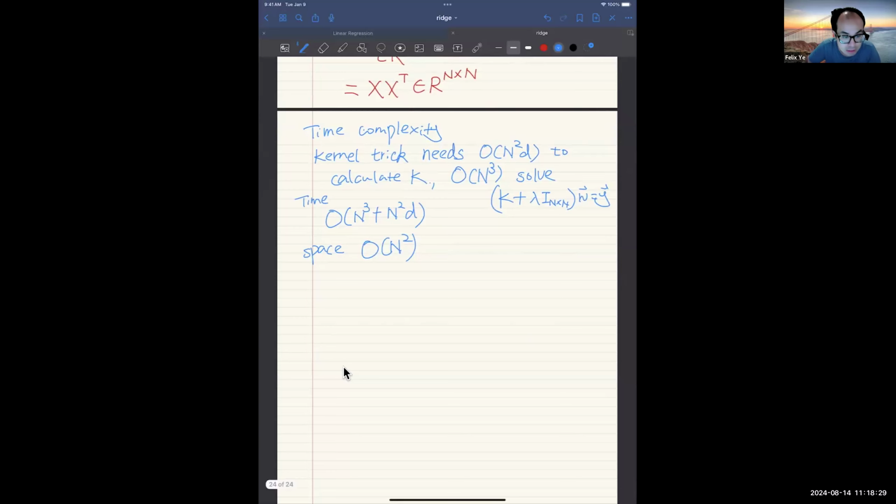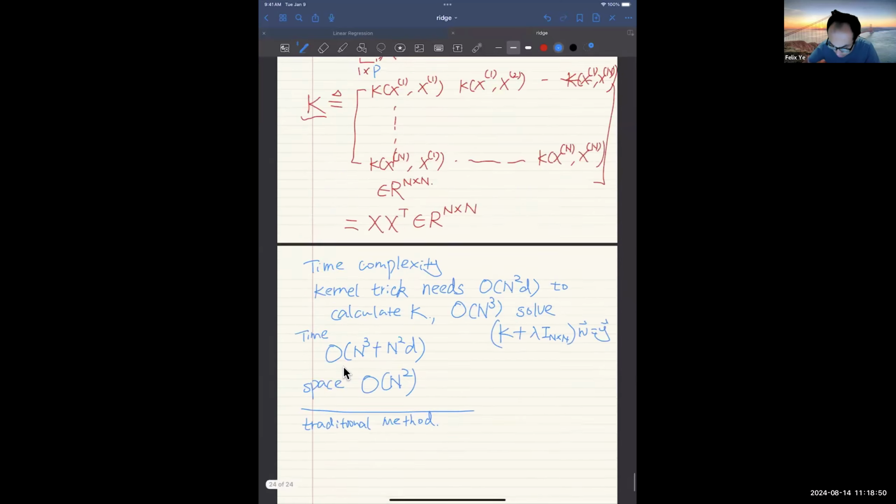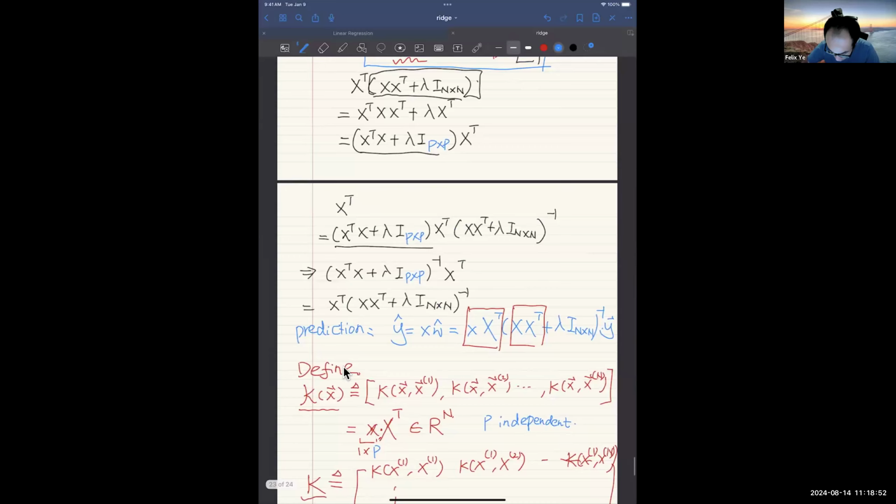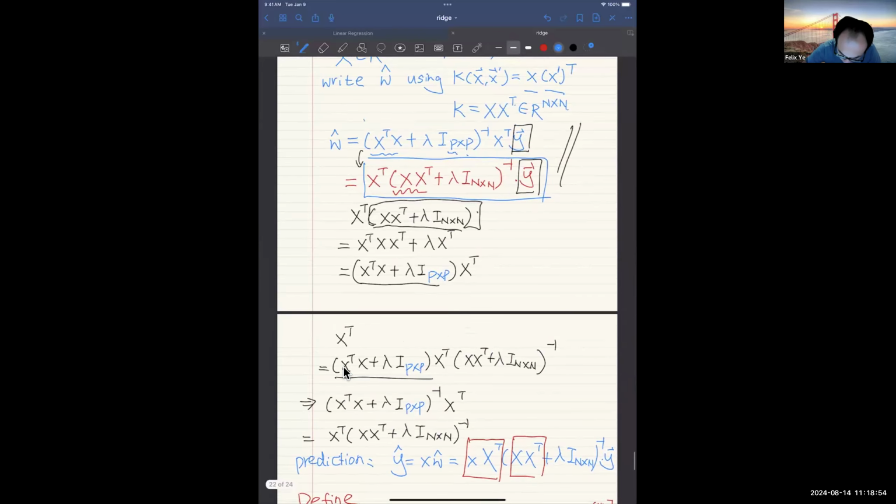If we don't use this kernel trick and use traditional methods, that means we need to calculate phi and explicitly write out phi. Then we do the least squares solution right here.